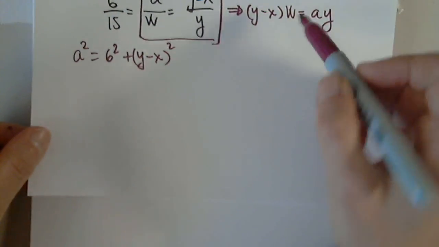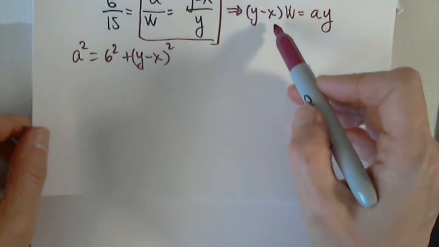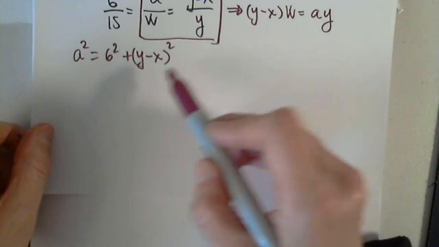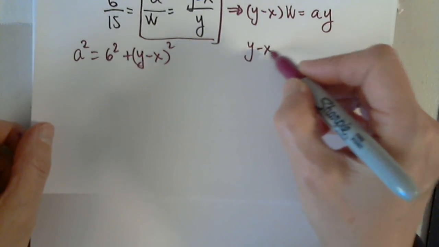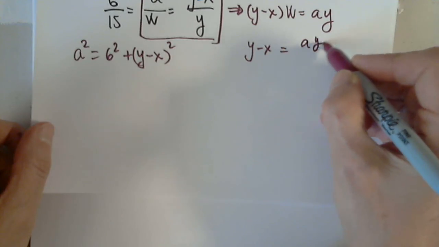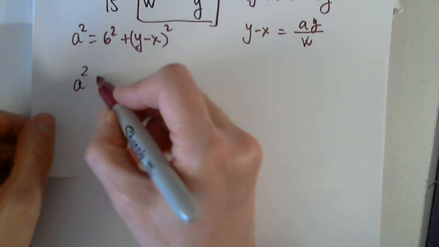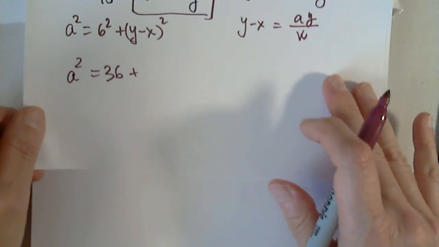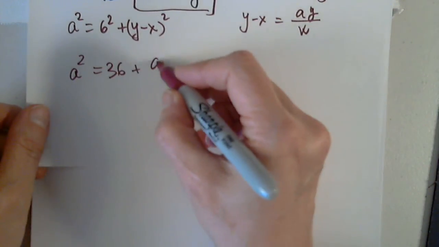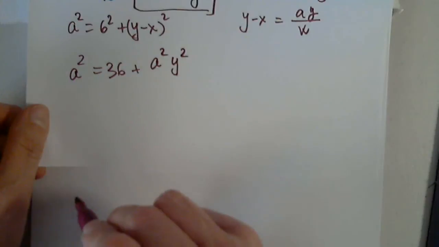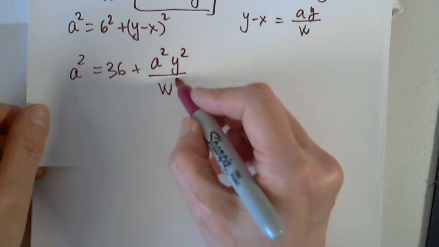Okay. I see that y minus x is here. Y minus x would be a y over w, and I'm going to put it here. So a squared equals 36 plus this squared, a squared y squared over w squared.